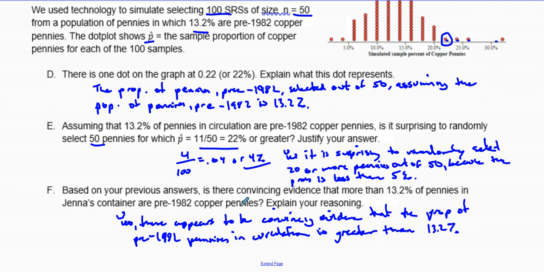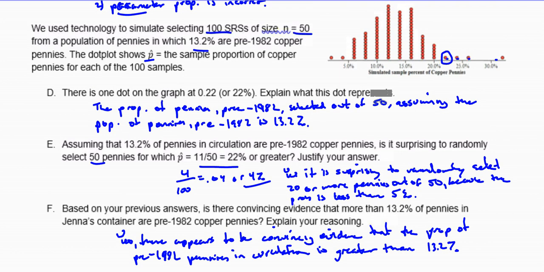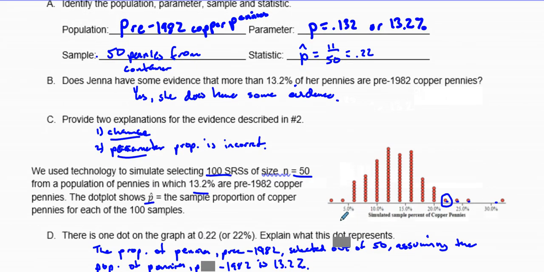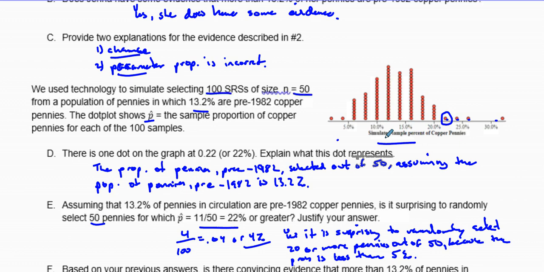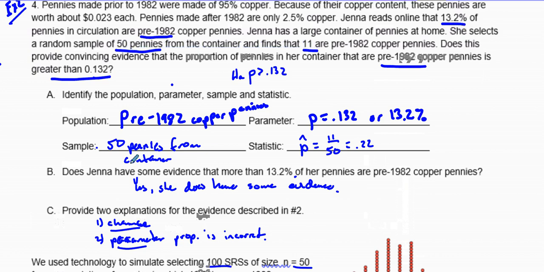Not to say that it is, but there's convincing evidence. And so that is how we can use a sampling distribution for a proportion, or some simulations, to identify if there is reason to believe the population is different than what is claimed. I hope this helps you out on your homework problems, and good luck in all the rest of your problems.